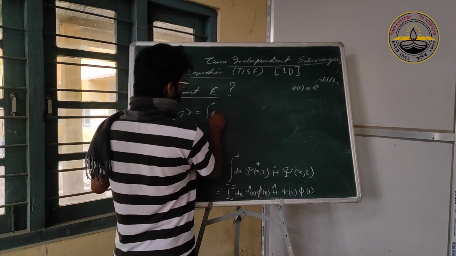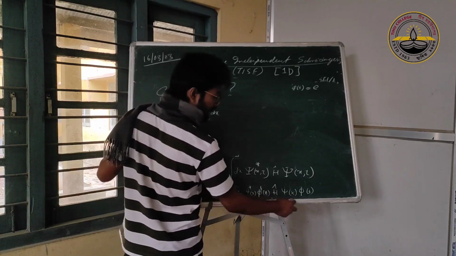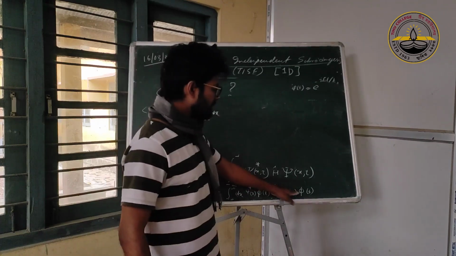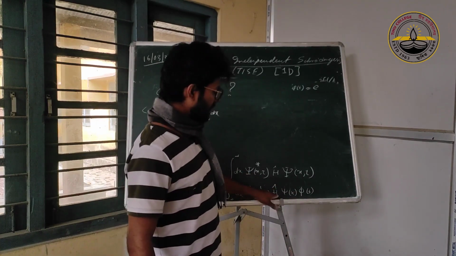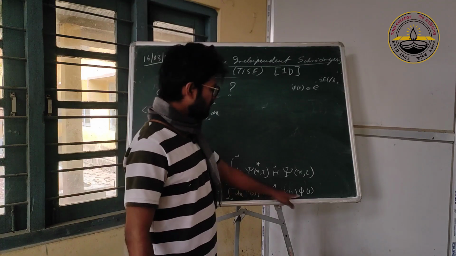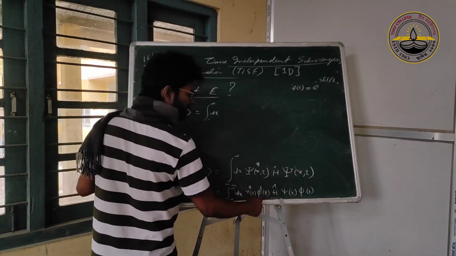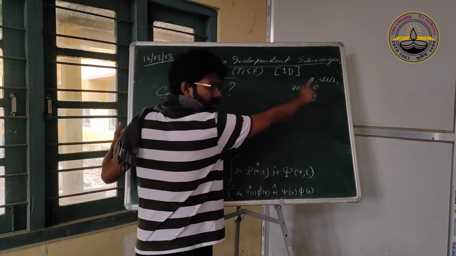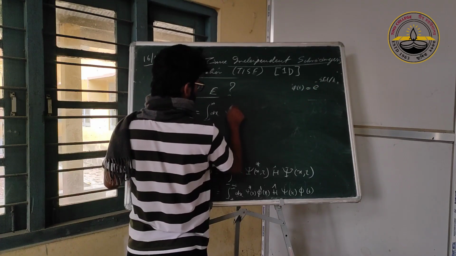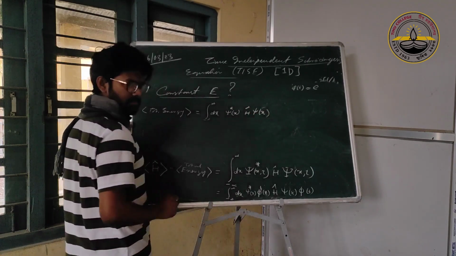So which means the phi from here will go away, okay? And phi can come out of this, because phi has no x dependence; your H is a function of x and p, okay? So this part will come out, and therefore phi into phi star will cancel each other out. So what we will be remaining with is psi star of x, H of psi of x.